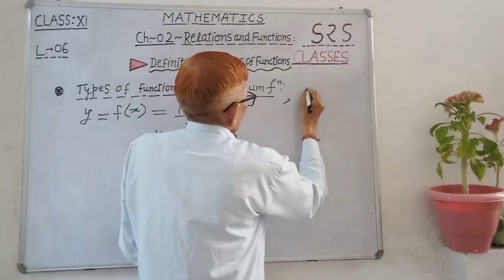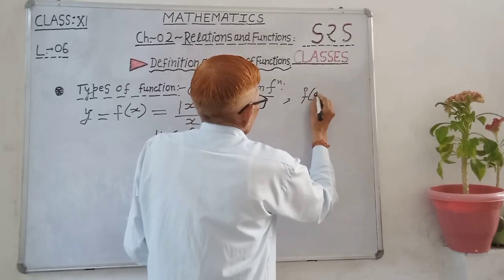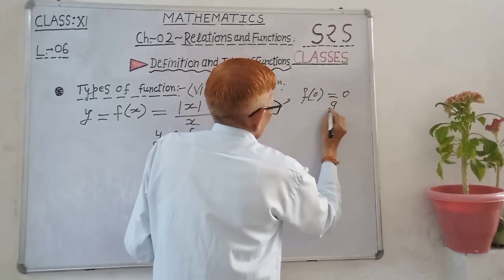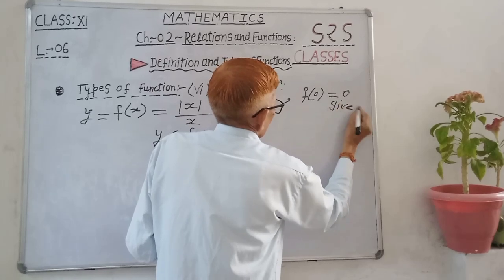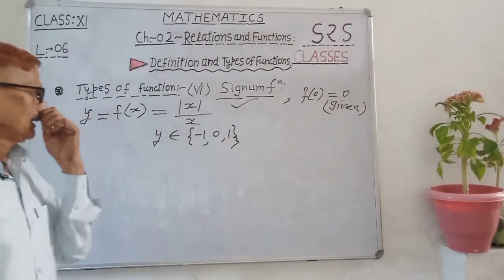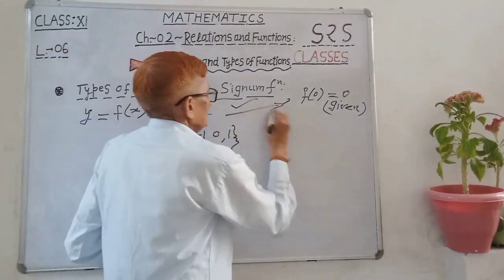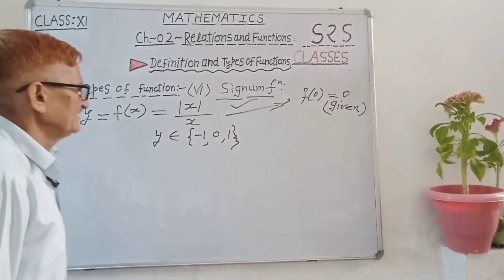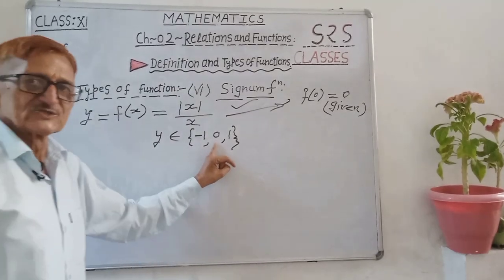It is given here that f(0) is equal to 0. Given, with the signum function. Okay? Here it is given that if x is 0 then f(0) is 0, that is, y is 0. So y = 0 is possible here.